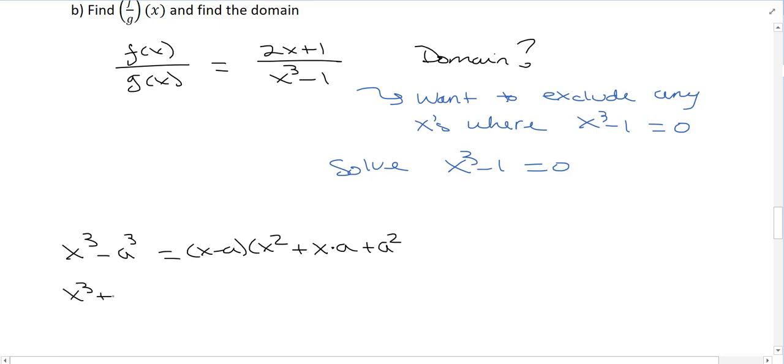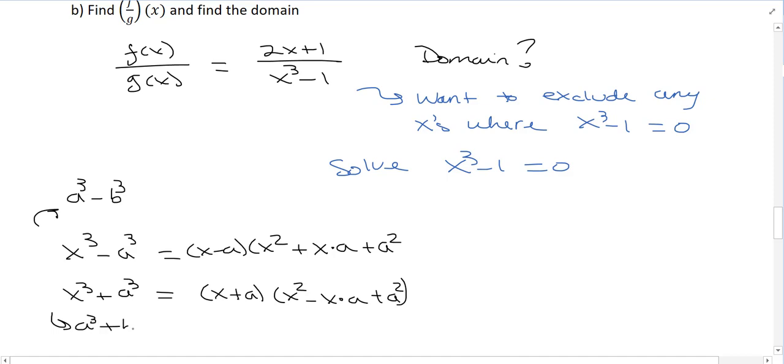And then when you have x cubed plus a cubed, what does that factor into? x plus a, then x squared minus x times a plus a squared. Usually you see it more as a cubed minus b cubed and a cubed plus b cubed. I don't know why I wrote them with the x's, probably because that's what we have here.